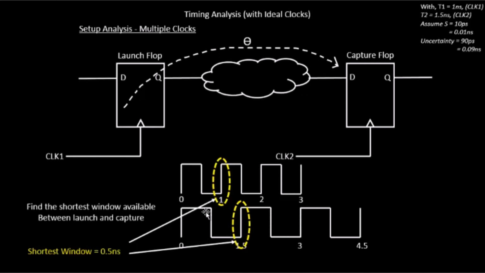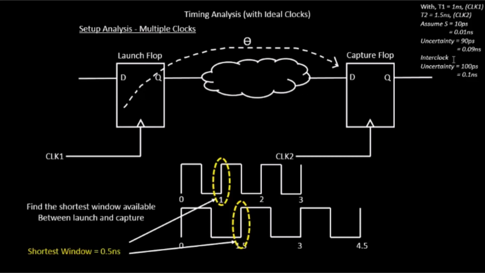But whenever the circuit hits this kind of corner case, it will fail, and the results will be unpredictable. So it's always better to analyze your circuit at the worst possible condition. In this case, the worst possible condition is 0.5 nanosecond, and this is where you design your circuit, optimizing the combinational delay to get a delay less than 0.5 nanosecond.